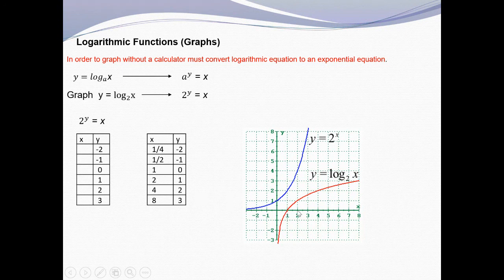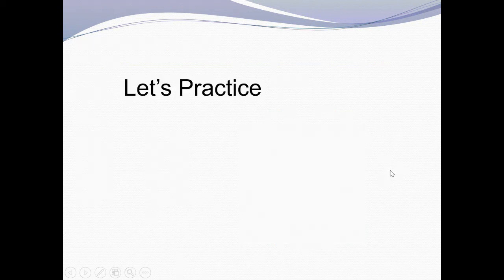When x is 2, y is 1. When x is 4, y is 2. And when x is 8, y is 3. That's how you graph those. So this is my exponential, and this is my logarithmic graph.